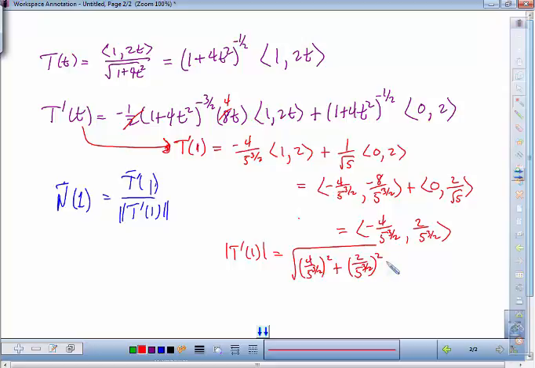All right, well, they have the same denominator, so we can combine them. This would be the square root of 16 plus 4, which is 20, over 5 to the 3/2. That becomes 5 to the 3 when you take 5 to the 3/2 squared.